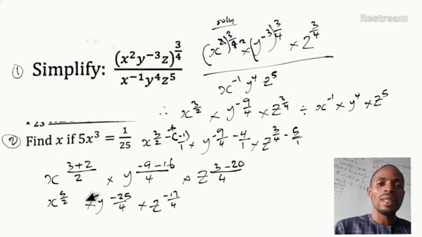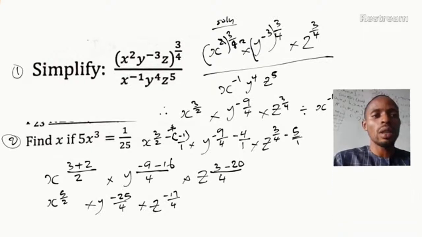Okay, this will be the solution of this question, or because we still have negative here, you can apply negative indices here. So let's apply negative indices so you get our final answer. Remember, this one is 5. So if you apply negative indices, what will be the answer now? So let me take this one up.